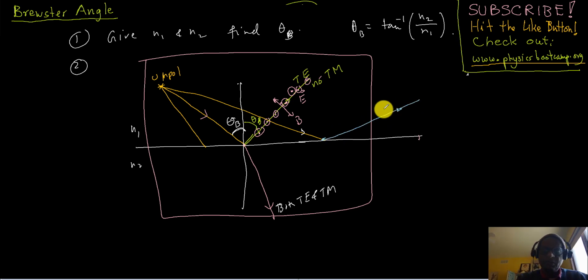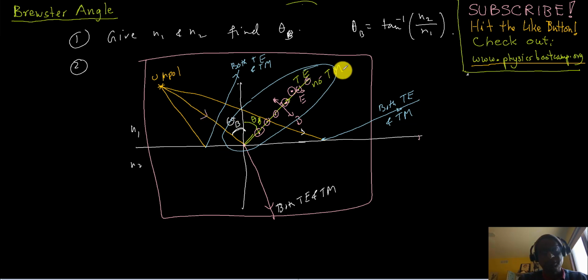Now, you'll have both TE and TM in this, because TM didn't disappear over here. Similarly, over here, you'll have both TE and TM, because TM didn't disappear. So they might want to ask which way the electric field is pointed, and what the magnetic field is pointed, when you have a reflection at Brewster's angle. So that's another interesting one to ask. Okay.